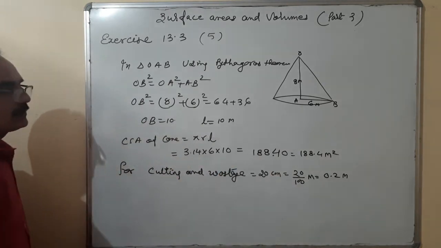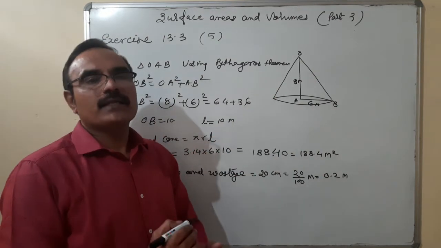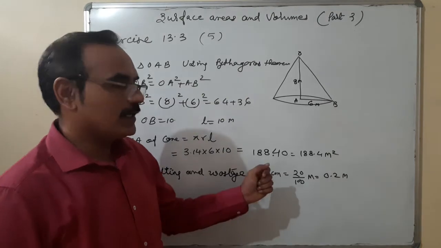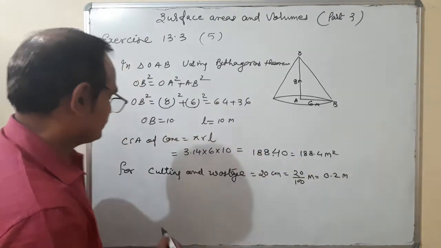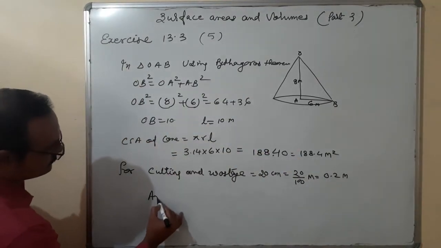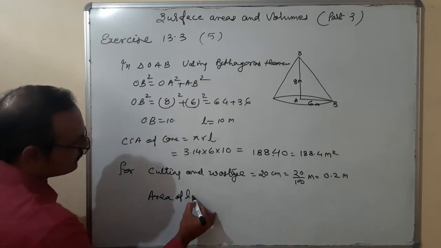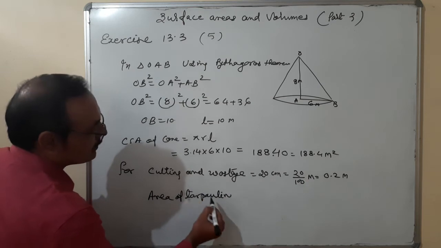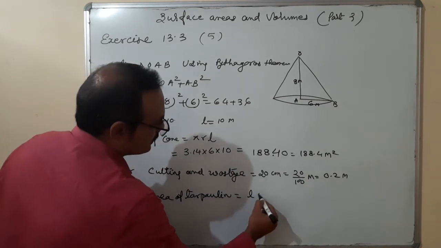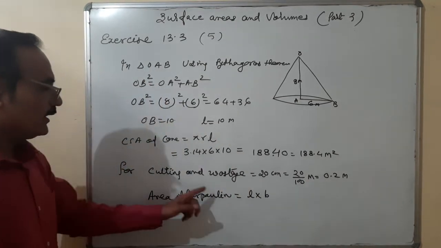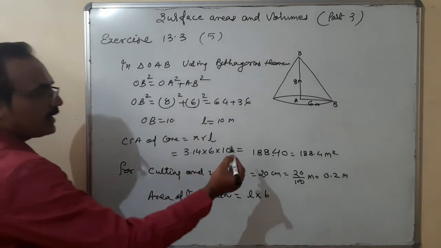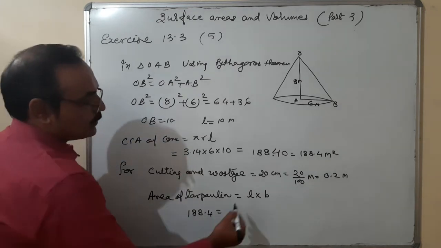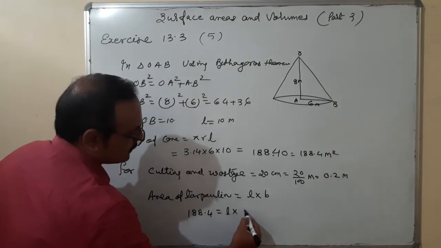But first of all, we are going to find the length of the tarpaulin when the breadth is given as 3 meter. So area is equal to length into breadth. Area of tarpaulin is 188.4, equal to length, which we don't know, times breadth, which is 3.